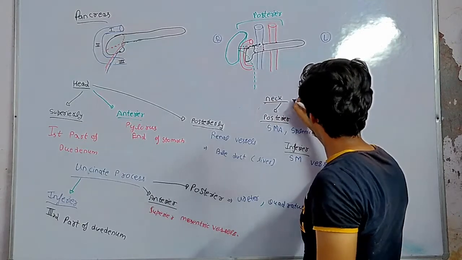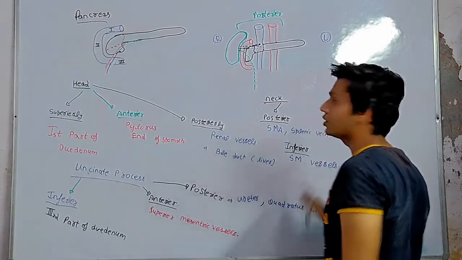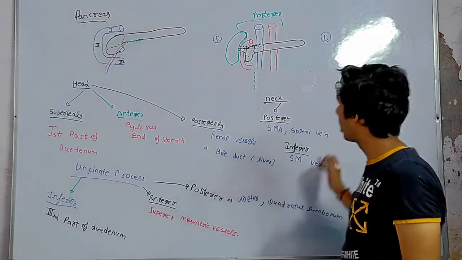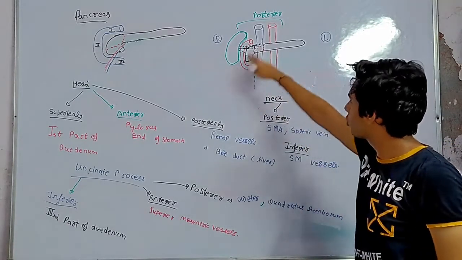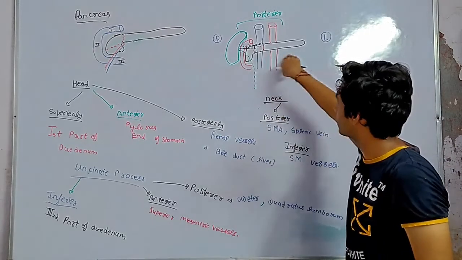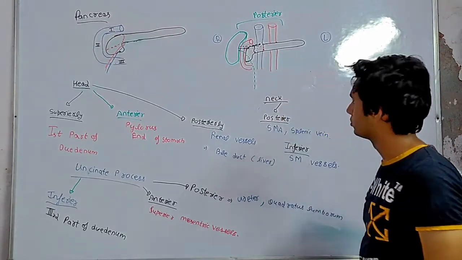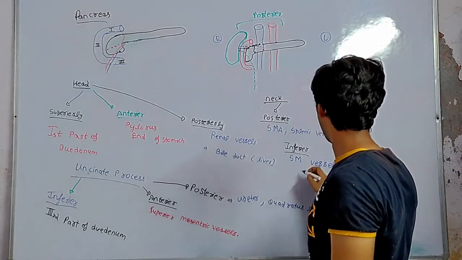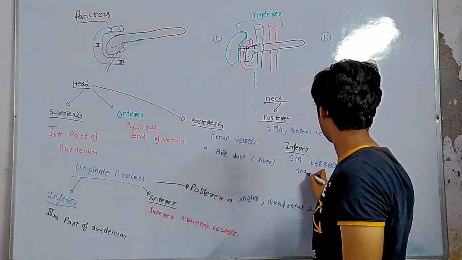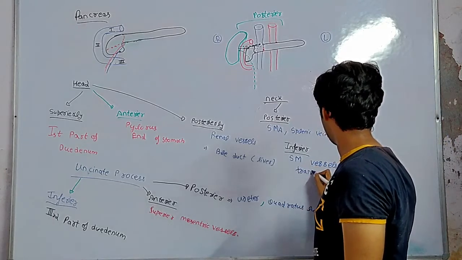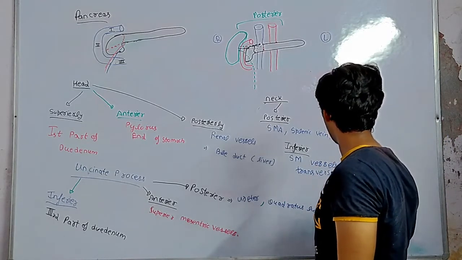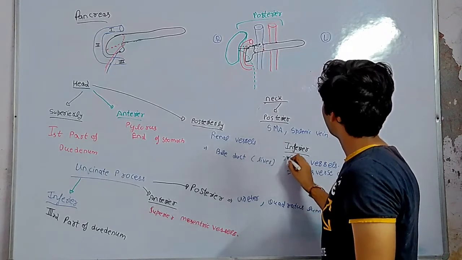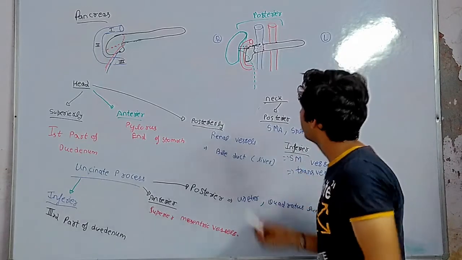Also in the inferior relations we can write the transverse colon. The transverse colon also takes part, because the transverse colon is present here like this. If we draw the transverse colon, it is like this.